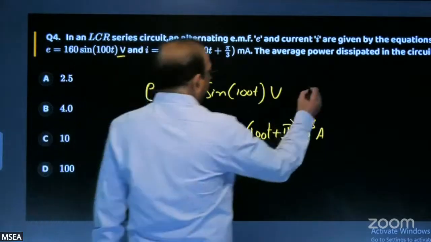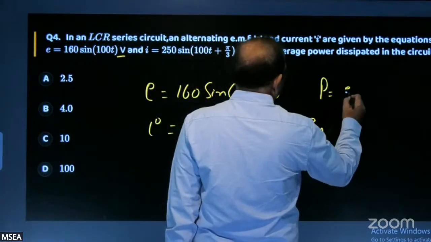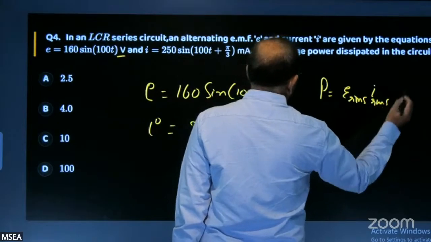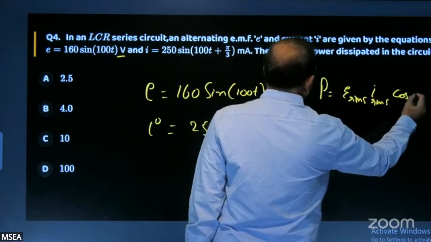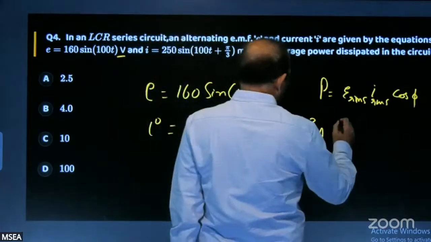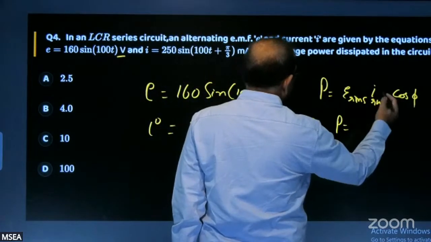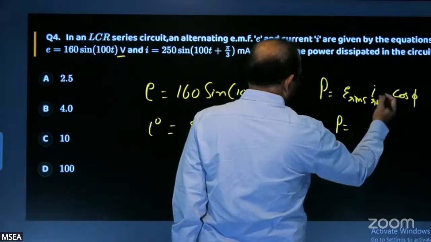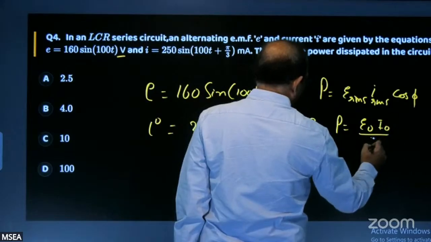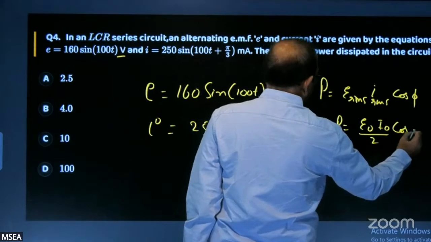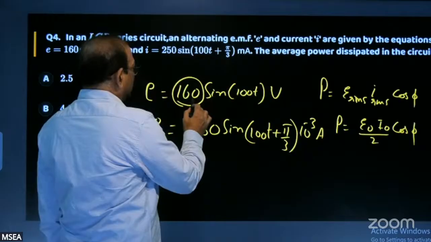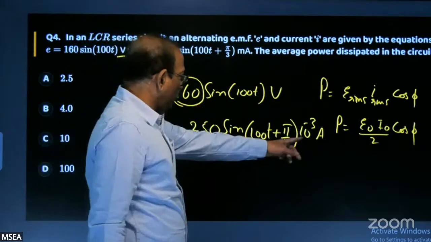What is average power? Average power is E RMS into I RMS into cos phi. Power factor is cos phi. What is E RMS? E naught by root 2. I RMS is I naught by root 2. Then E naught I naught by root 2 into root 2 is what you'll get for average power. Now, what is this 160? E naught. What is this 250 into 10 power minus 3?